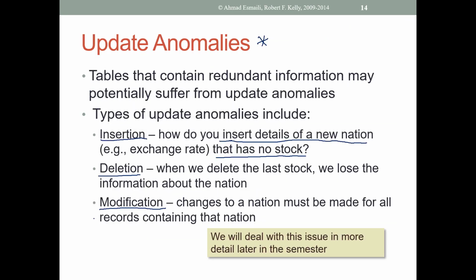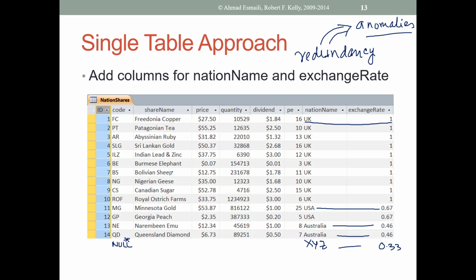And how about deletion? Deletion is related to insertion anomaly. Suppose there was one country with one share listed in the database, and that share is somehow removed. Let me take you back here. Assume that Australia has these two shares, and for some reason we remove these two shares.